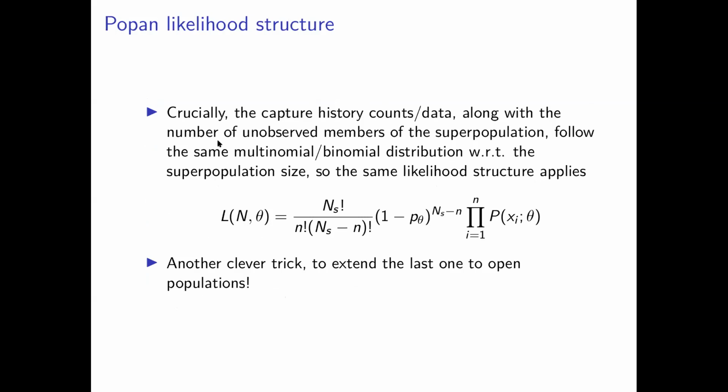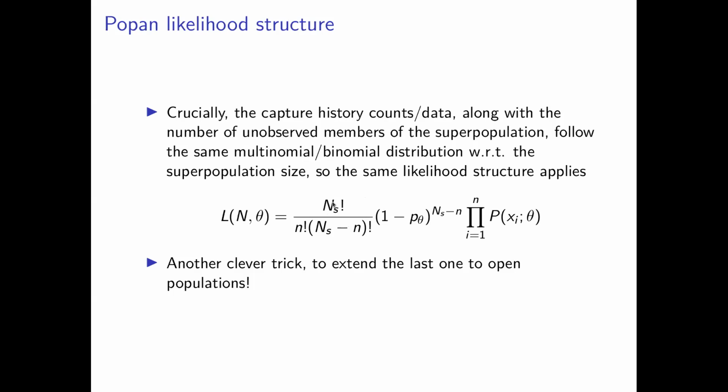And the reason we do that is that you can preserve the same likelihood structure, the multinomial or binomial distribution, by just replacing N with N sub s. And then this same likelihood structure applies to the open population study, because all of the animals that were ever observed during the study, or I should say which were ever exposed to capture during the study, still have to be divided up into a multinomial or a binomial distribution in the same way that the population was for a closed population.